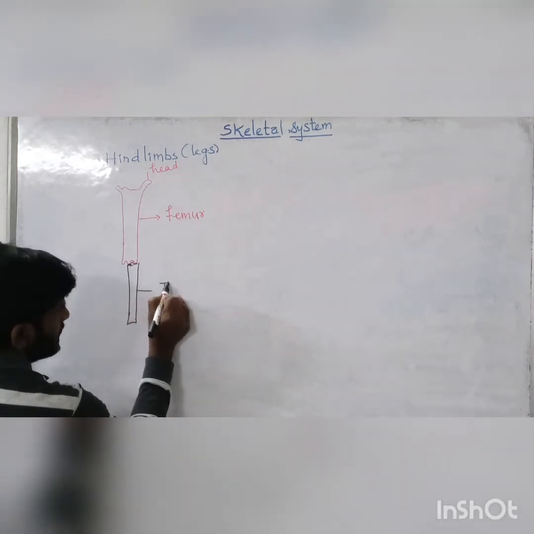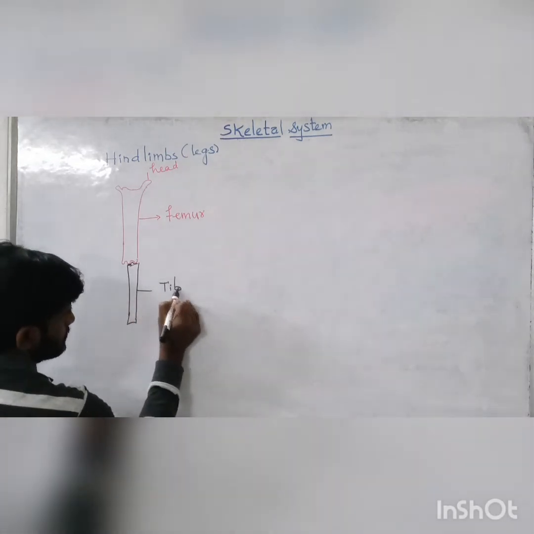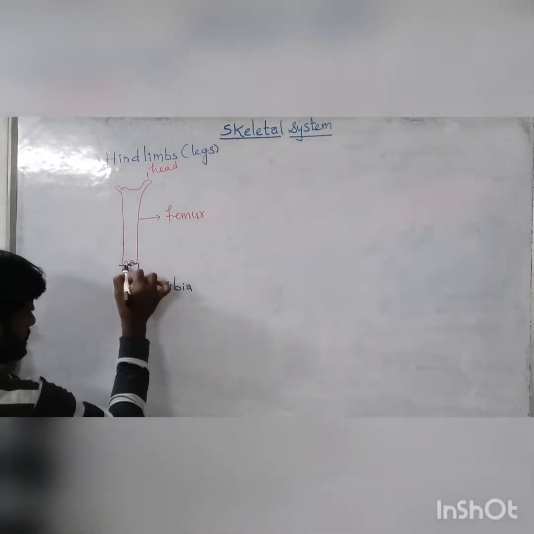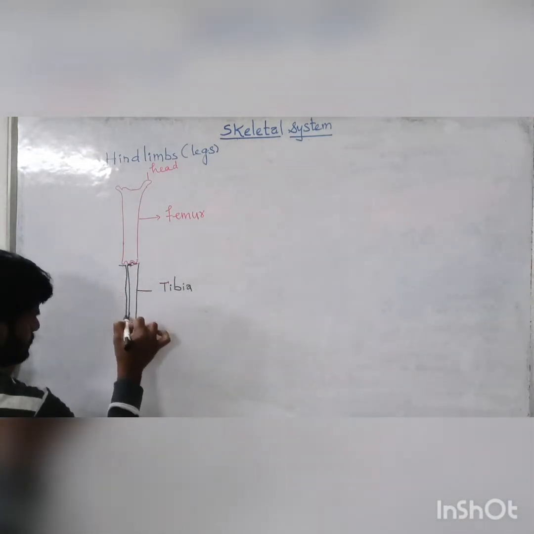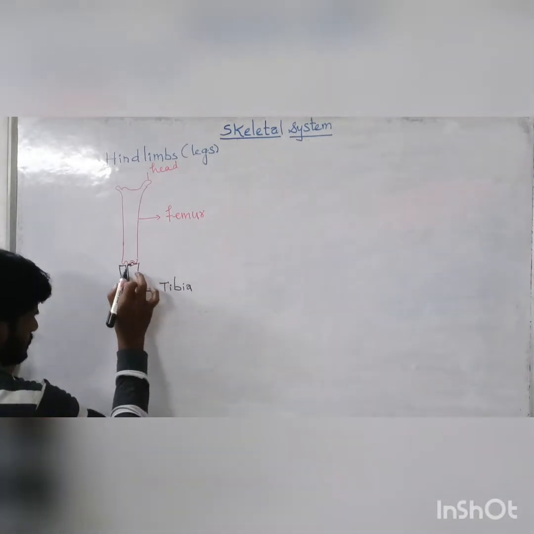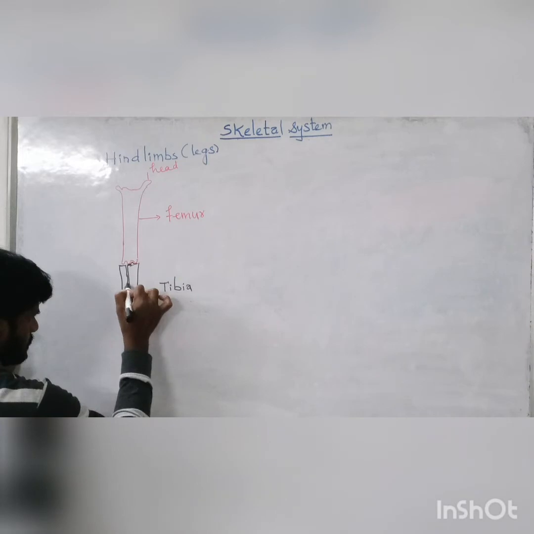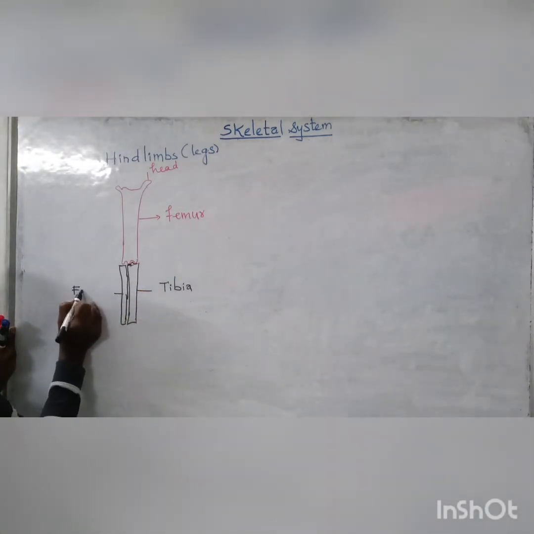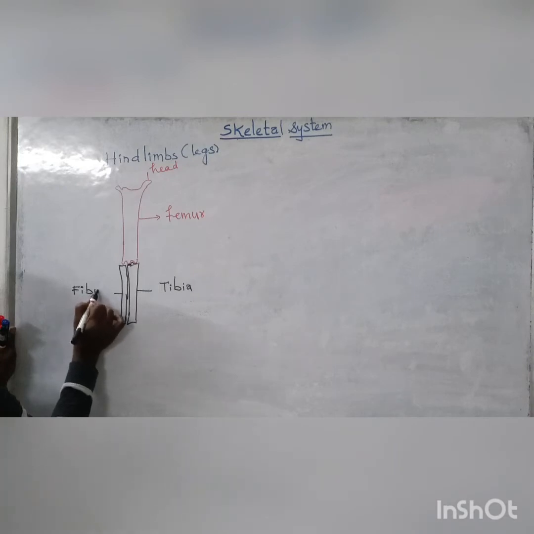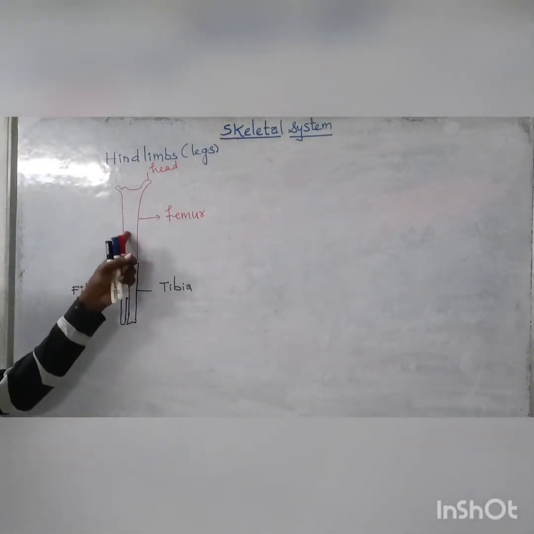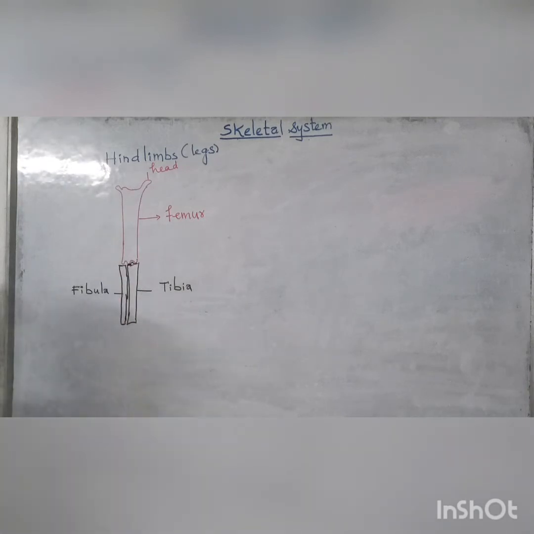This is the tibia and this is the fibula. Together they are called the tibiofibula. Femur, tibiofibula.